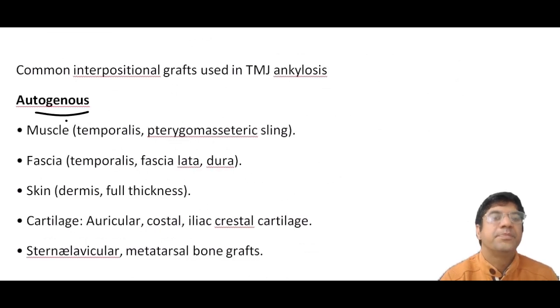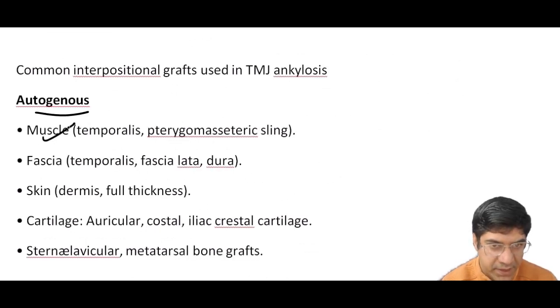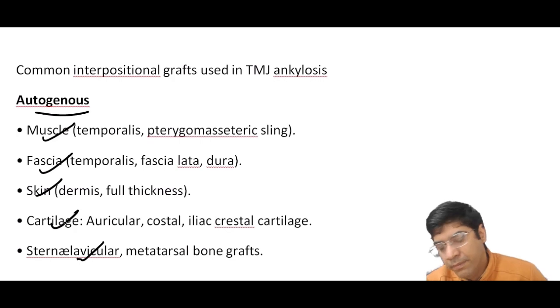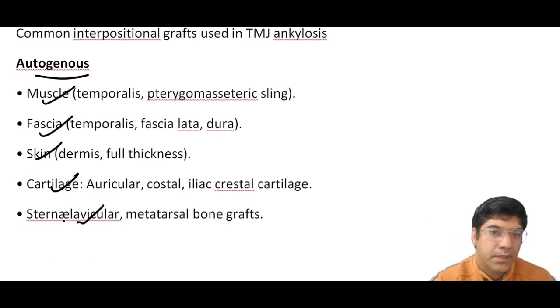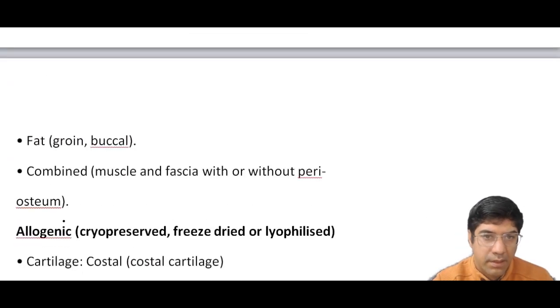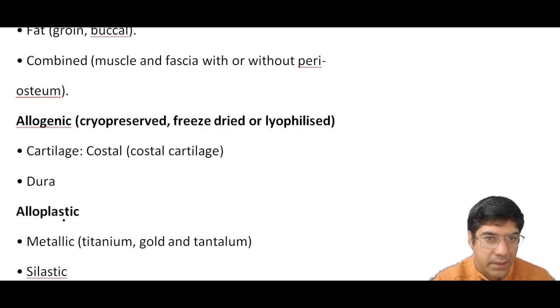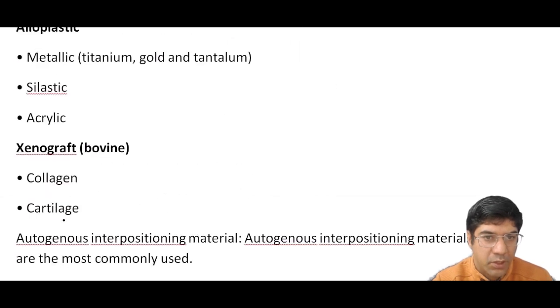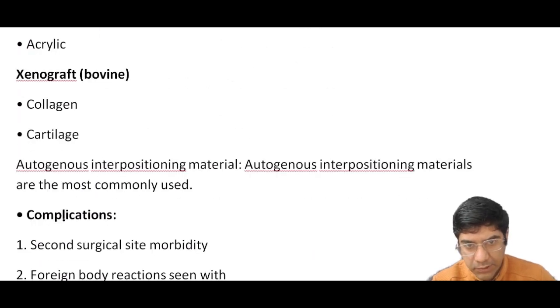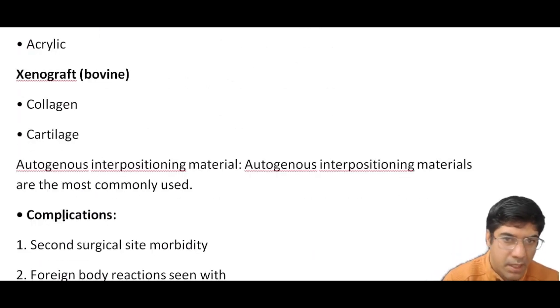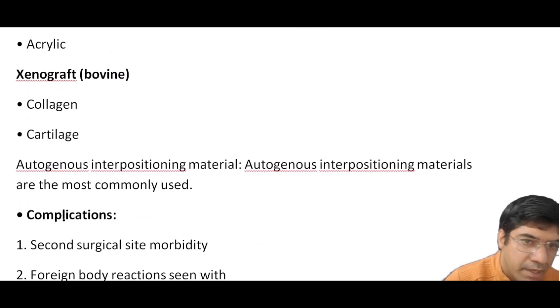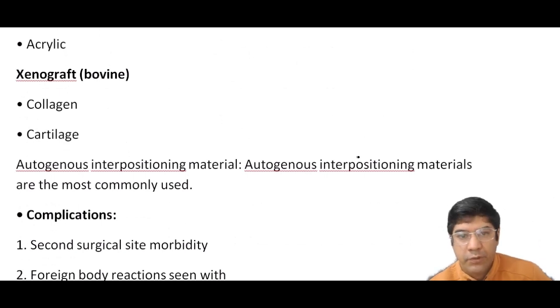So for the autogenous part, it can be either muscle, fascia, skin, cartilage, or sternoclavicular, metatarsal bone grafts, fat, etc. Xenograft can also be used, that consists of collagen and cartilage. So remember, the autogenous interpositional graft is the most commonly used material.